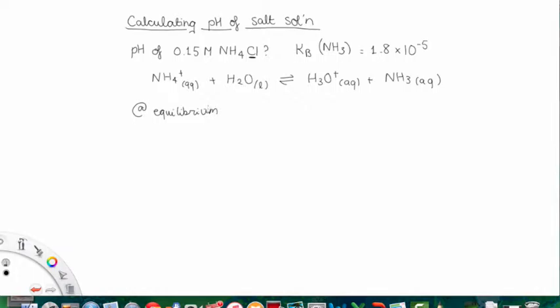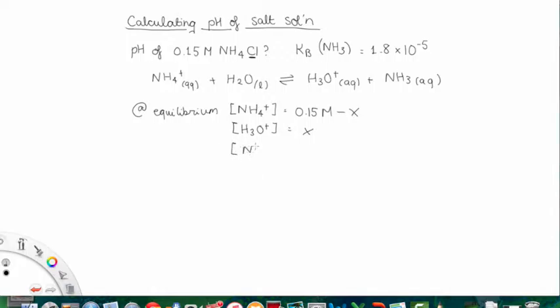remember when we did the ice table, back when we looked at equilibrium constants, it's the same concept. So at equilibrium, the concentration of NH4 plus is going to be 0.15 molar, which is the initial concentration, minus X. The concentration of H3O plus is going to be X, since that's how much is going to get made when that much is going to get used up of the ammonium chloride.